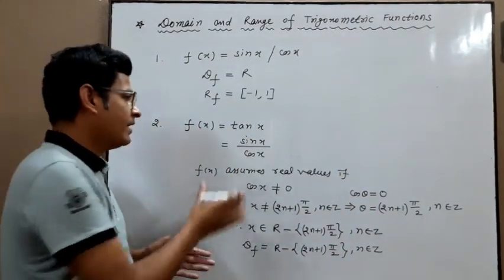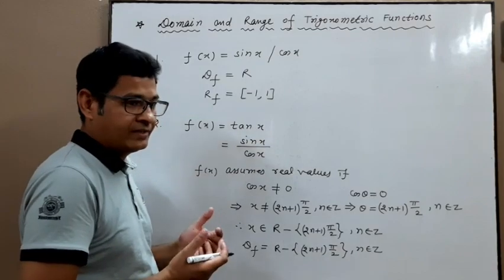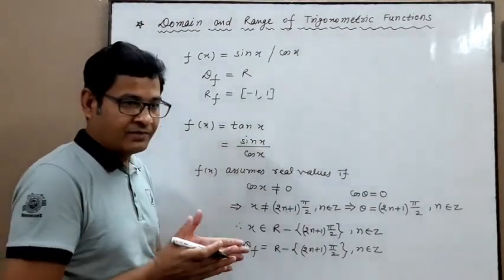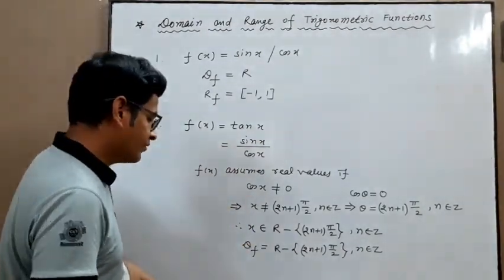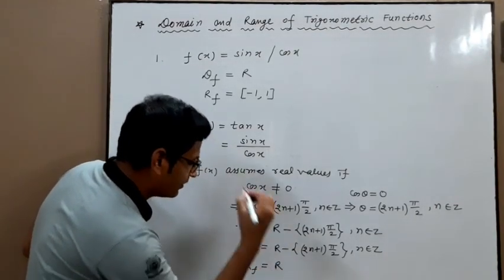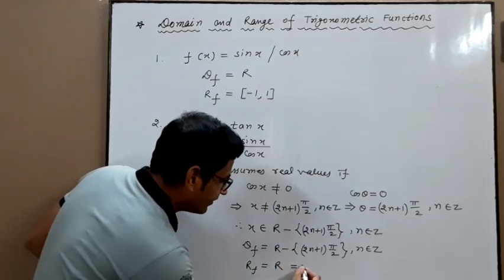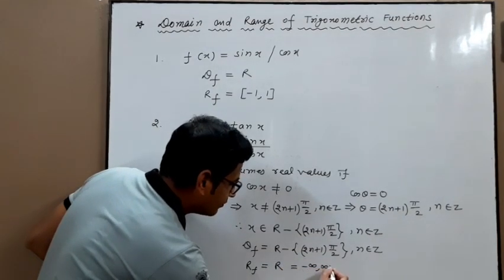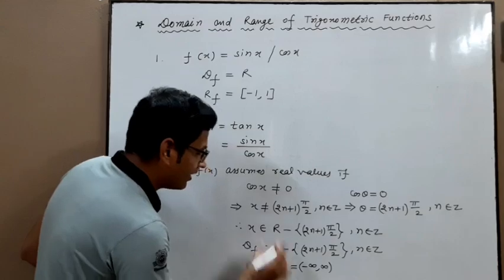We all know the maximum value of tan x is not defined. tan 90 degrees is not defined, tan minus 90 is not defined. So write directly, range of f is real numbers. We can also write minus infinity to infinity, or R.